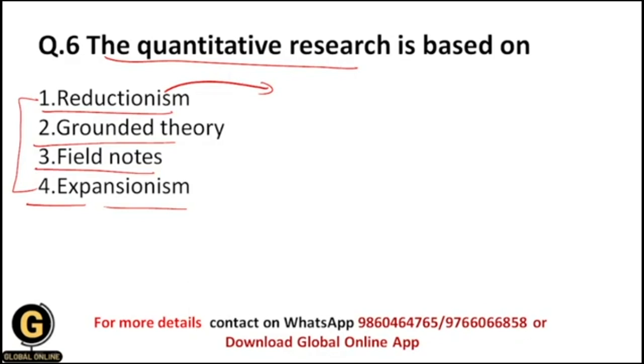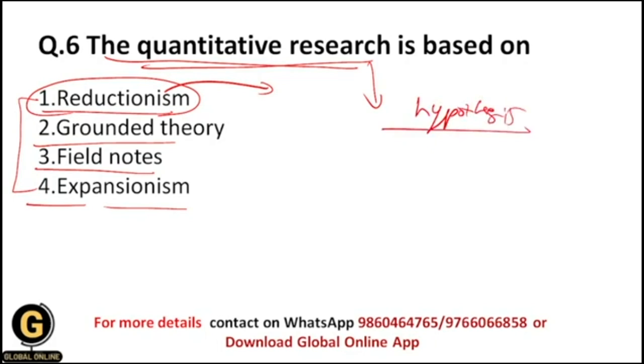Okay, so reductionism means that we are going to break down the complex parts into simple parts so that we can easily study them. So in quantitative research we do the same. Whatever problem we have, we are going to convert that problem into a hypothesis, and a hypothesis is a straightforward statement, and we are going to test this hypothesis by using statistical techniques, and after all we will get the results.